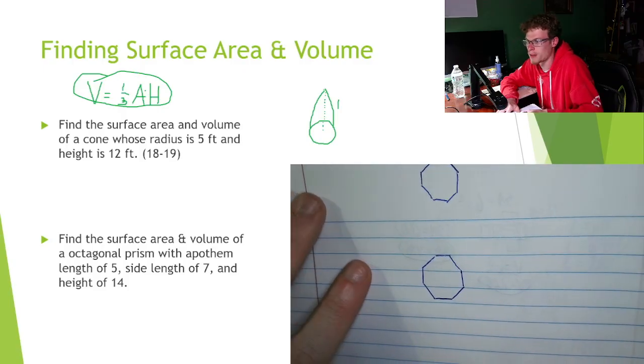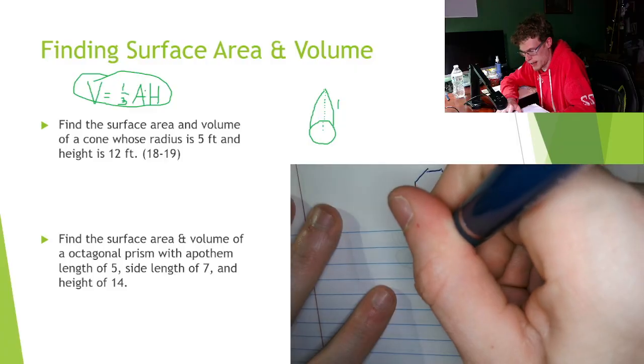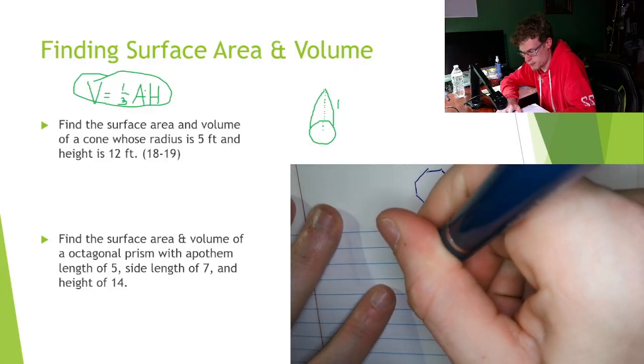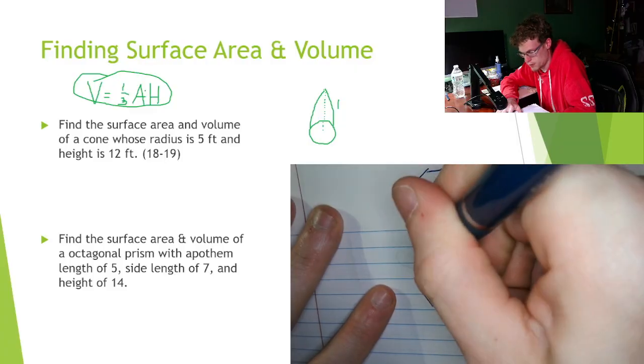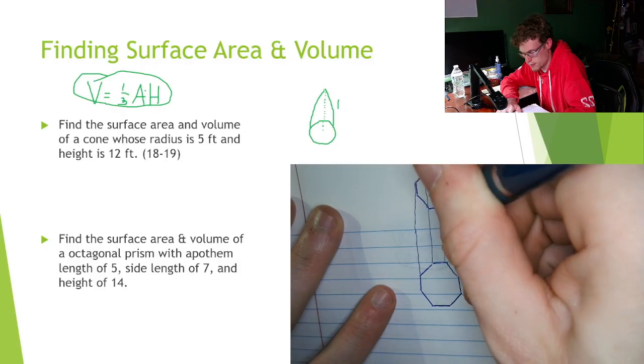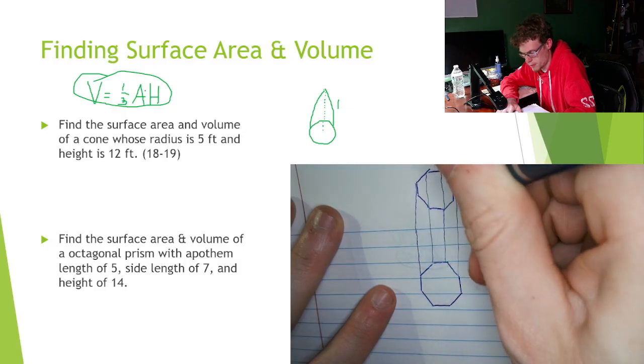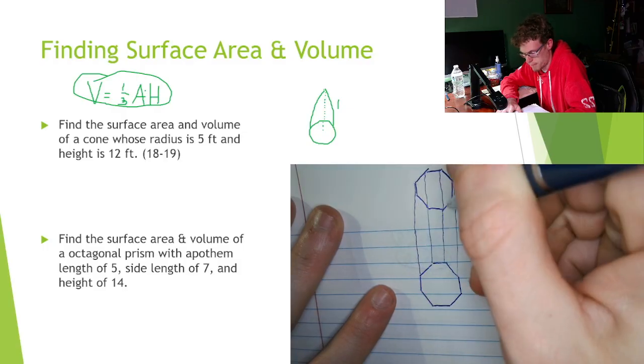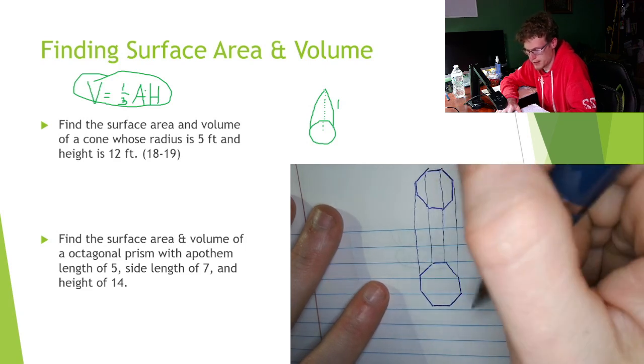There you go. All right, and it's all connected. I'm just going to connect a few of them so as not to confuse. Yeah, it looks all right. There. Octagonal prism. Okay, that's what you got here.